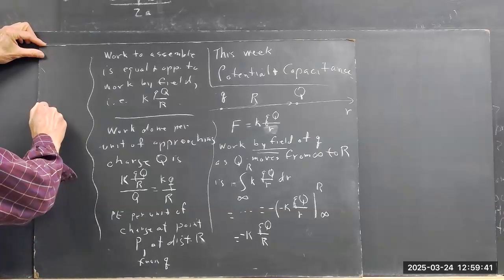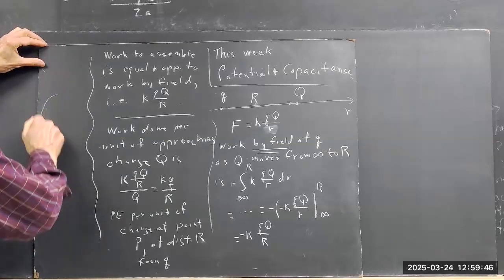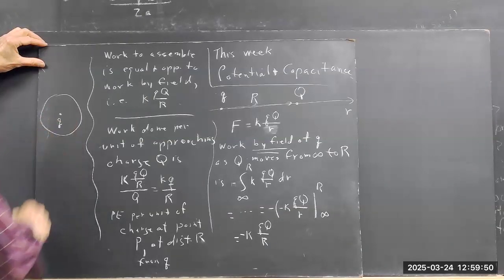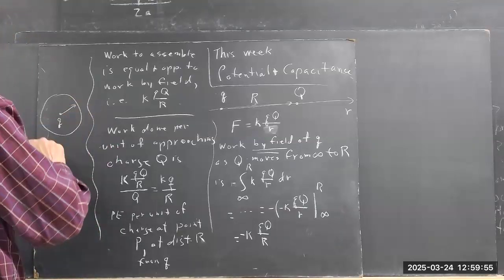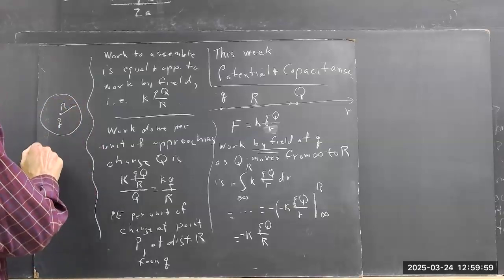Okay, so you have this picture. You have a charge Q. You have a little charge q. You have some radius here.